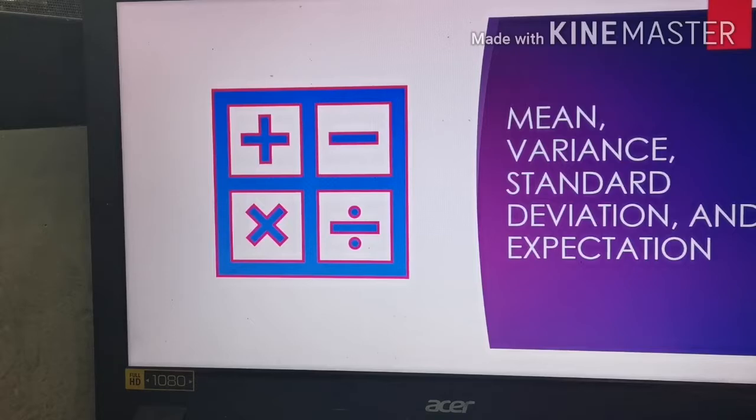And this time we are going to have an example of how to get the mean of a probability distribution. So lipat tayo dito.